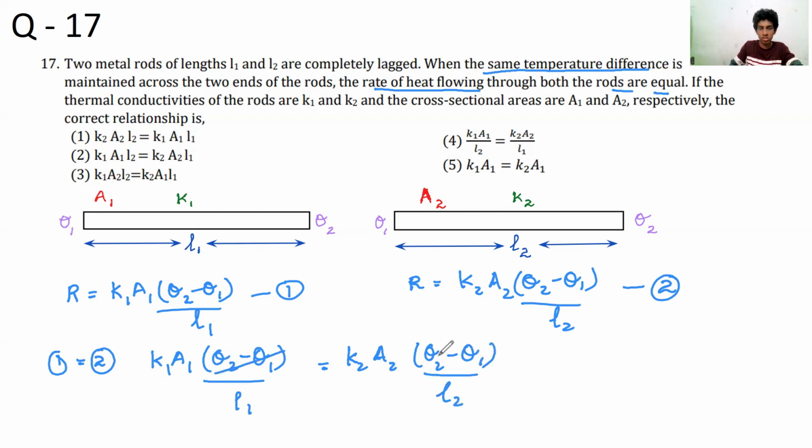So θ2 minus θ1 cancels, and we can obtain K1 A1 into L2 equals K2 A2 into L1. So accordingly, the correct answer is the second one.